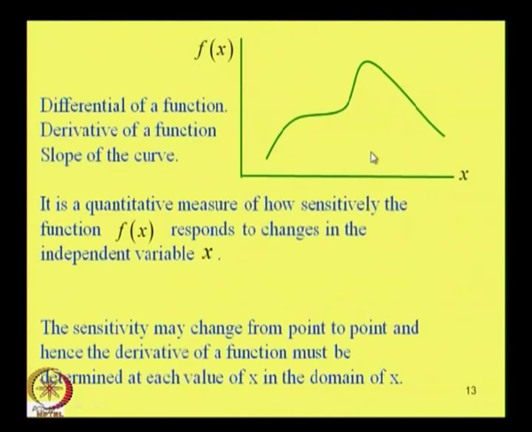So, this is the measure of the sensitivity of the function, and what you want to really find out is to develop a quantitative measure of the sensitivity of the function f to the independent variable x. It is this sensitivity, how sensitive it is to x, that you want to determine.